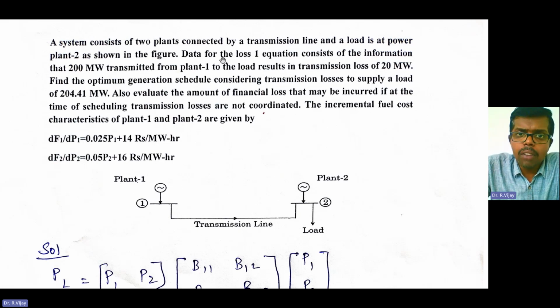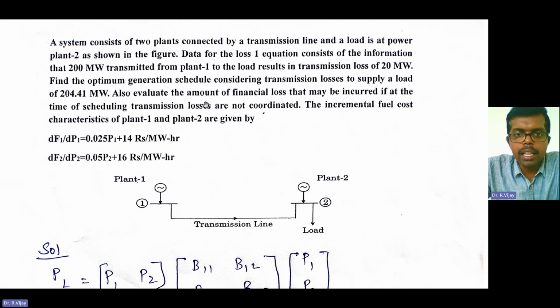So the data for the loss equation consists of the information that 200 megawatt transmitted from plant 1 to the load results in a transmission loss of 20 megawatt. Find the optimum generation schedule considering the transmission losses to supply the total load of 204.41 megawatt. So the total load of 201.41 megawatt, in the sense, is the demand.